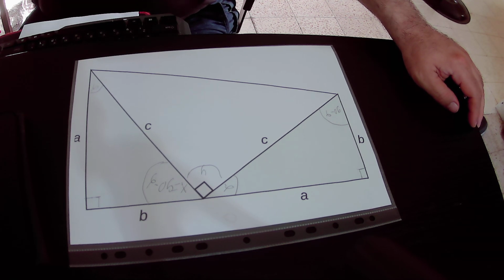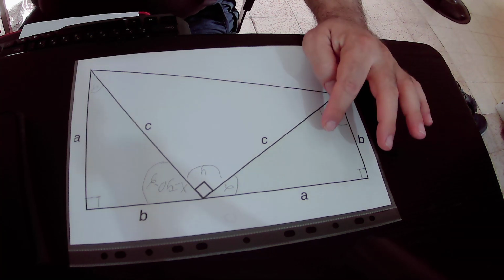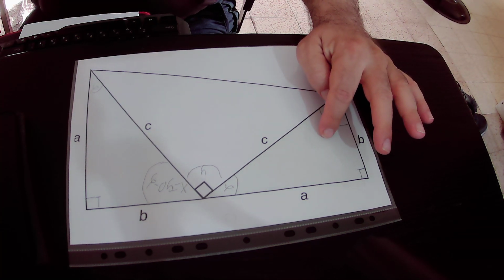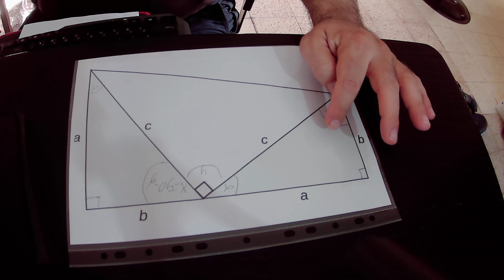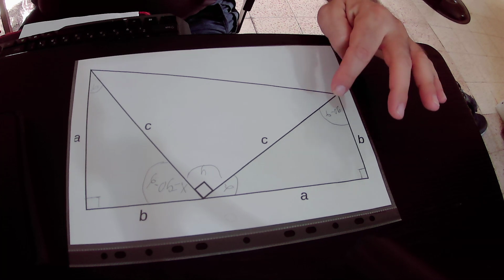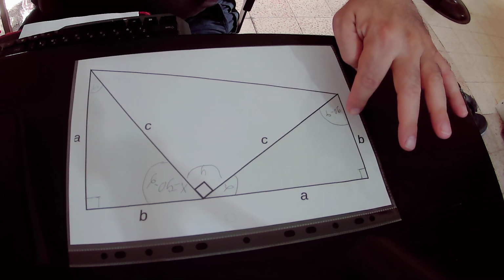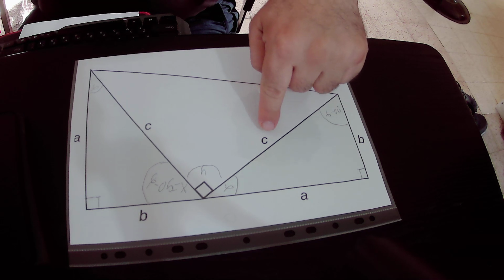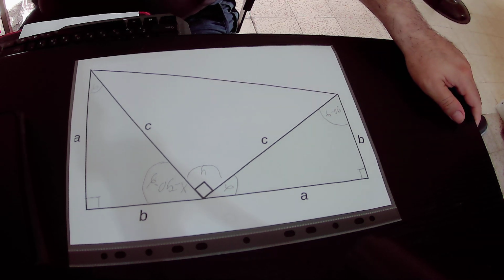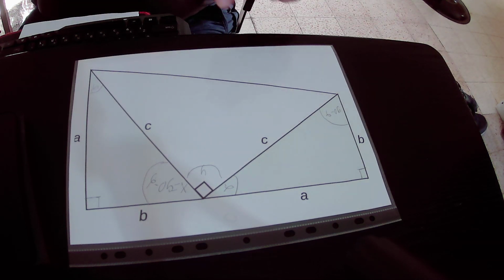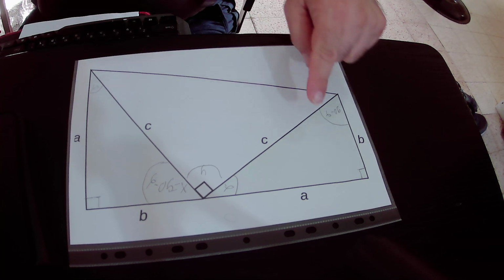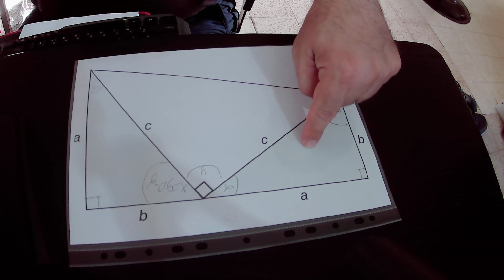Let's assume this right-angled triangle ABC. We want to prove that a squared plus b squared equals c squared. Now we will make a copy of this right-angled triangle.